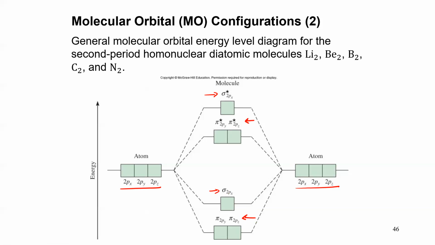Remember that anytime we form a bond between atoms, there can only be one single bond, sigma bond. And if we have a double bond, remember it's a sigma plus a pi. If we have a triple bond, remember it's a sigma plus 2 pi. And so the way that these molecular orbitals are named sort of lead us that direction to having those multiple bonds and having them already labeled as either sigma or pi.